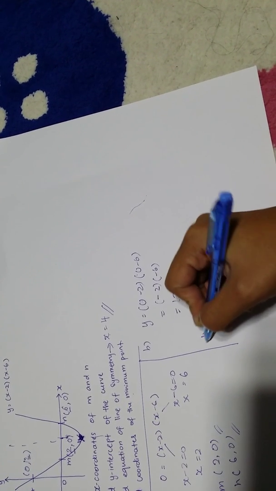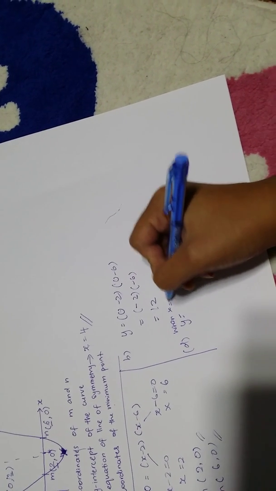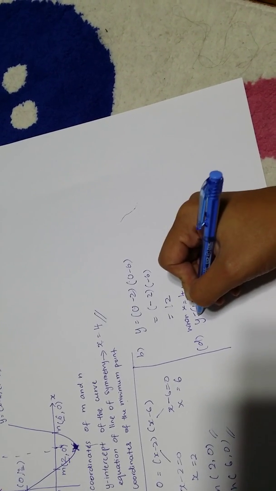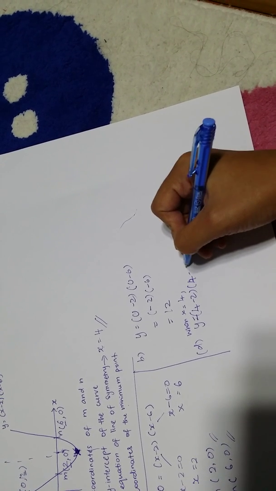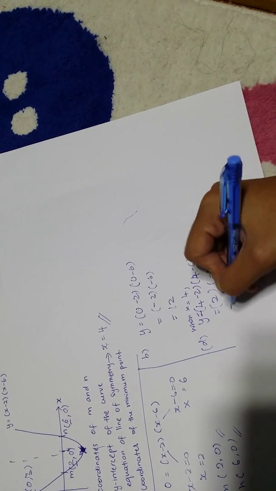So for part D, when x equals 4, y equals (4 minus 2)(4 minus 6), which is 2 times minus 2, equals minus 4.